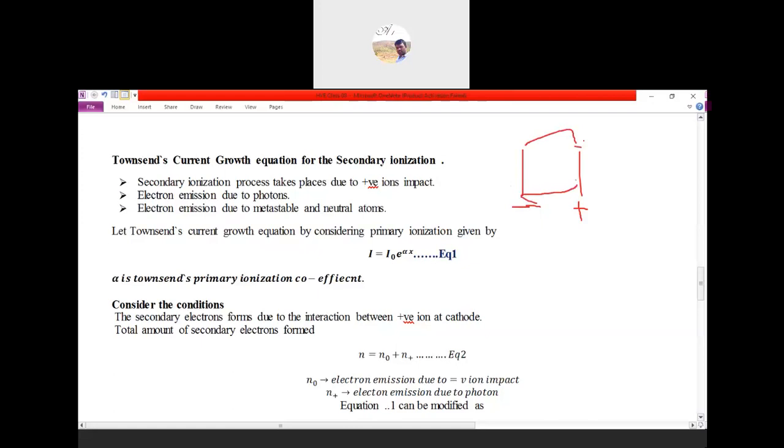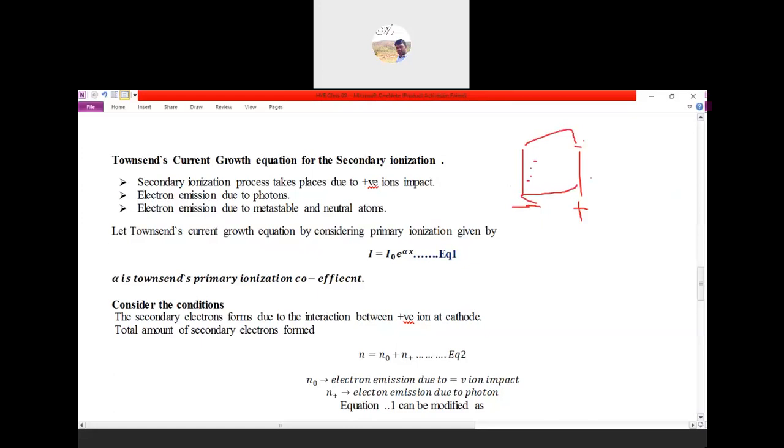So how does ionization take place in the secondary ionization? What are the reasons for the secondary ionization?